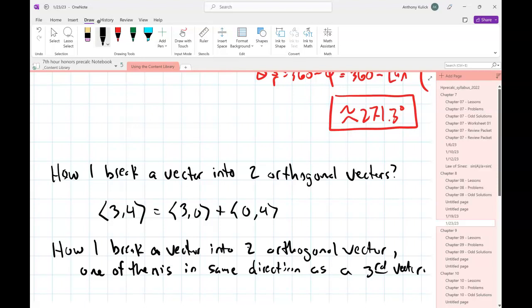So I give you a vector u, and I say, break this vector u up into two orthogonal pieces. One of those pieces has to be in the same direction as a third vector, which we'll call vector v.